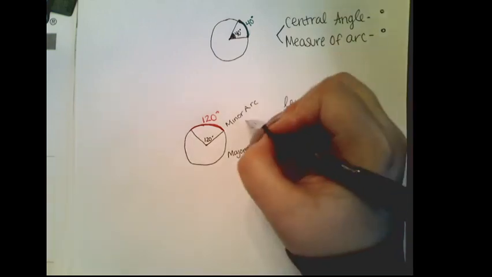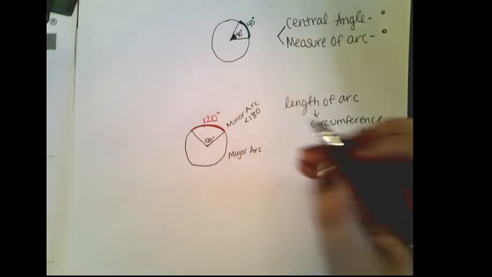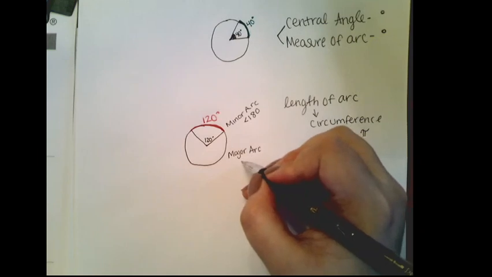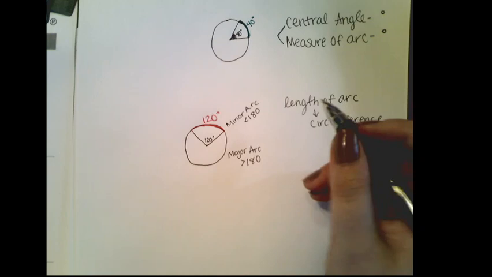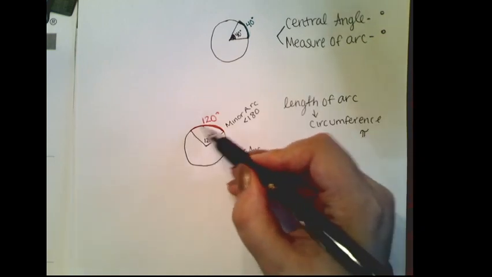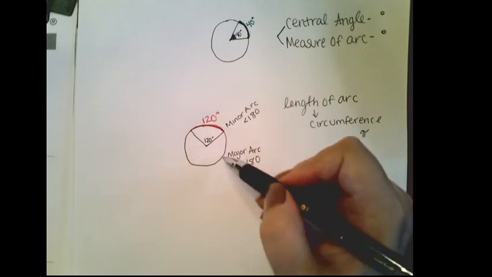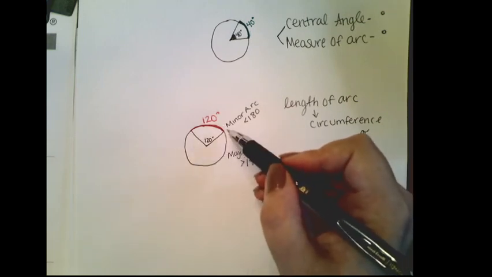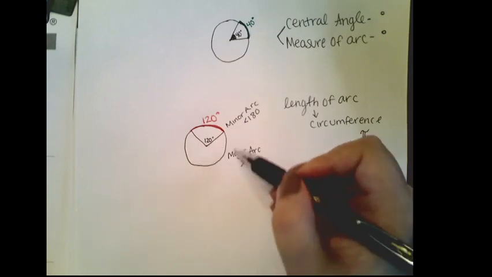A minor arc is anything less than 180 degrees. A major arc is anything above 180 degrees. So since this part is 120, that means the rest of this, it's a circle, it's 360, so we have 240 left. That's bigger than 180, so that makes it a major arc.